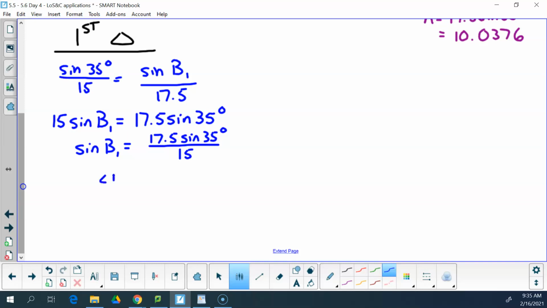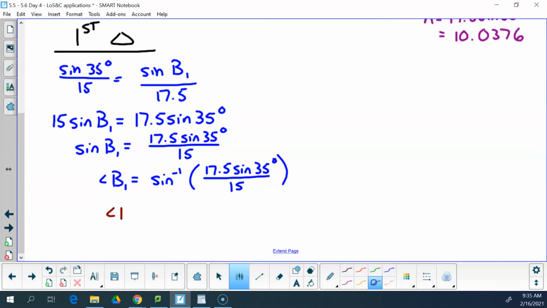So I get angle B sub 1 is the inverse sine of that, which I get is 42.003 or something like that, right? So let's call it 42.